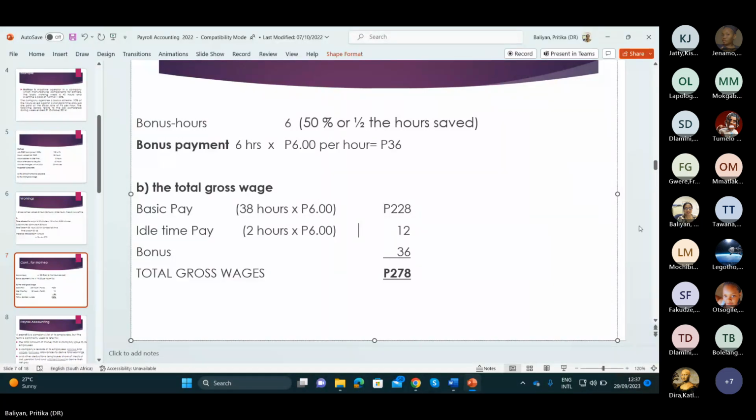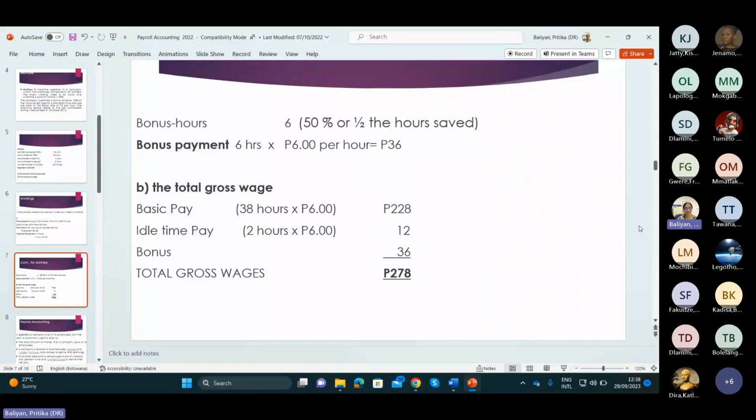Okay. So calculation of bonus is not difficult. You need to know only two things, the standard time and the actual time. How much time was given to the employee to produce those number of items or provide their services. Maybe somebody was given 20 hours, but he has done it in 18 hours, so he will be paid bonus for the 2 hours.